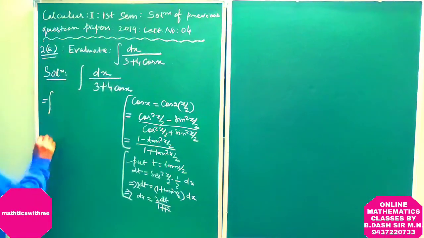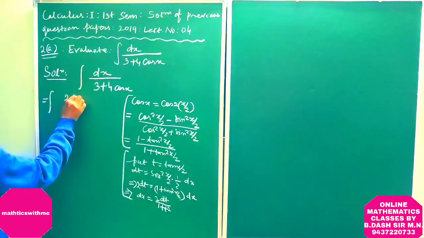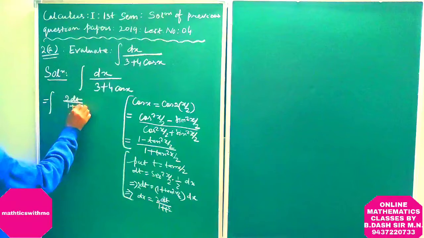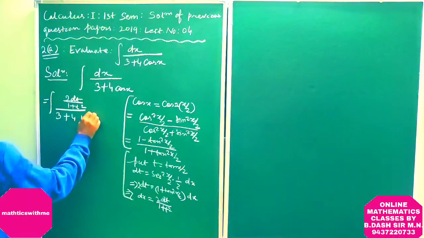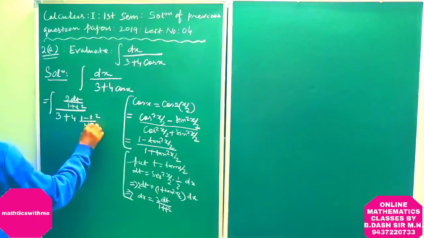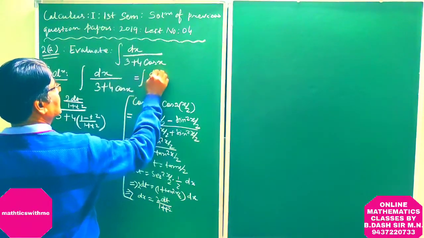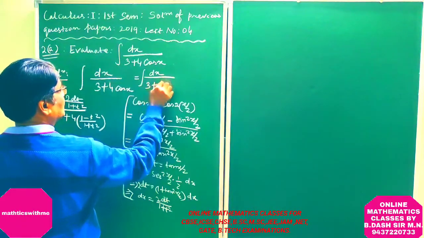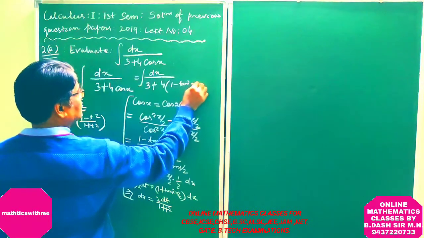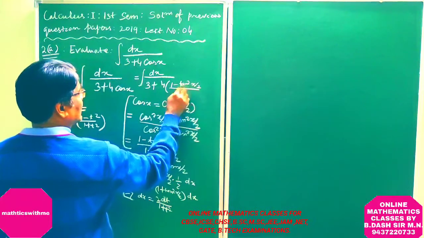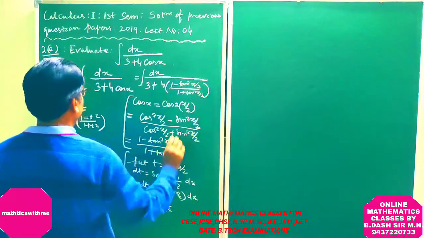So the integral is equal to, now dx can be replaced by 2 dt by 1 plus t square. This is 3 plus 4 times 1 minus t square by 1 plus t square, because this is equal to integration dx by 3 plus 4 cos x, where cos x can be written as 1 minus tan square x by 2 by 1 plus tan square x by 2.